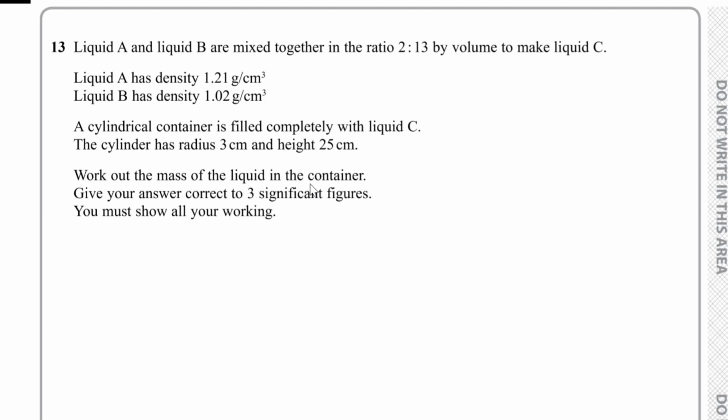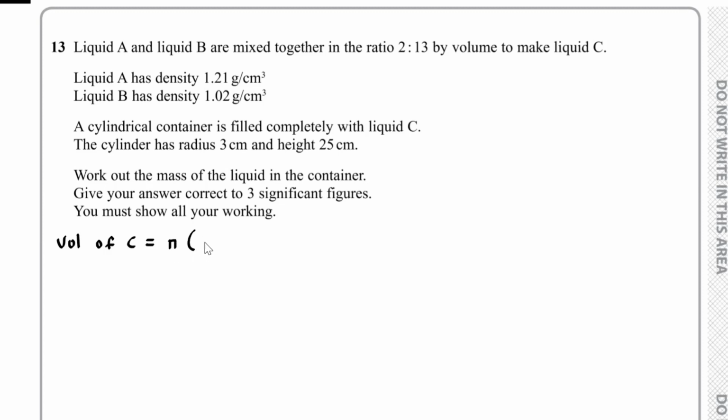So for this question, for us to work out the total mass, we need the mass of A and the mass of B. For us to have the mass of A and the mass of B, knowing the densities of A and B, we need the volumes of A and B. What we can do is work out the volume of C and use this ratio to work out the volume of A and B. So to work out the volume of C, we've got a cylinder, so the volume of a cylinder is pi r squared times h.